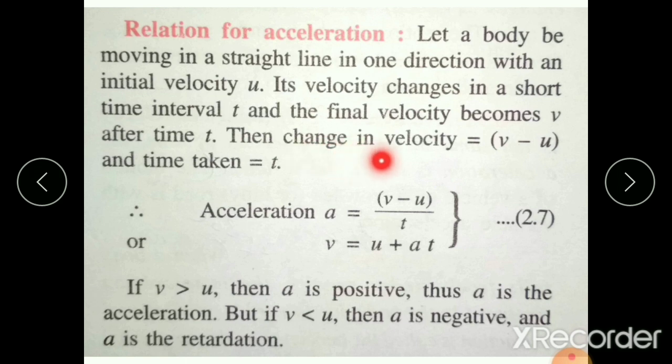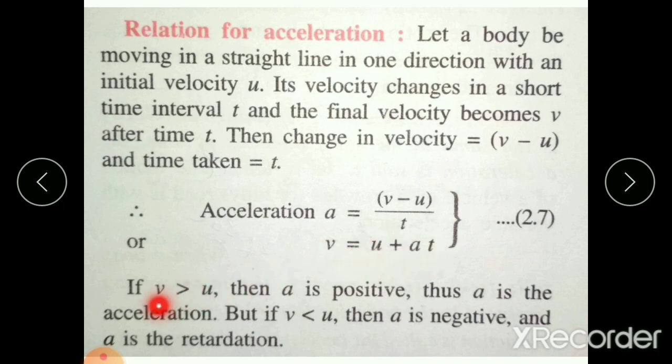The change in velocity is the final velocity minus the initial velocity. Then the formula to find the acceleration is change in velocity divided by time, that is a equals v minus u divided by t. This can also be written as v equals u plus at.